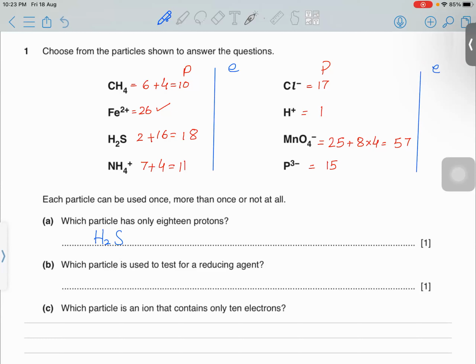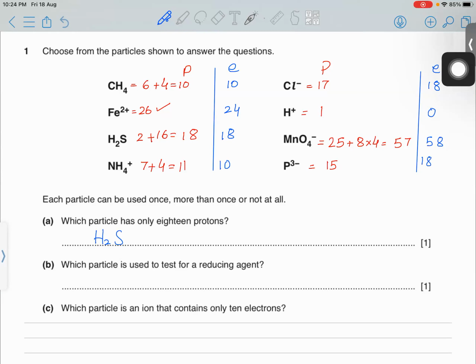Electrons and protons are the same here: we have 24, here 18, here 10, here 18, here 0, here 58, here 18.